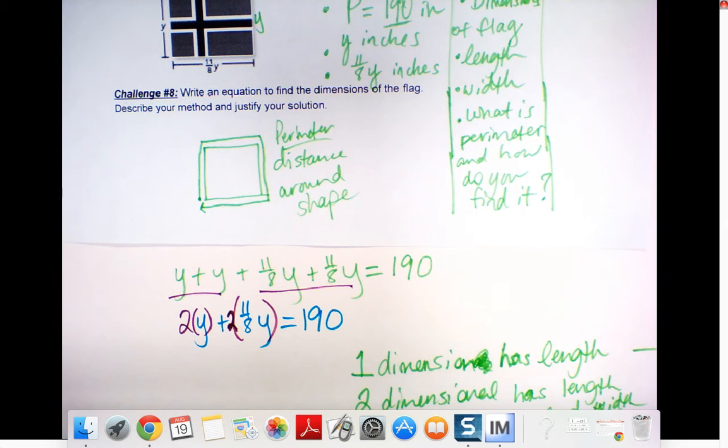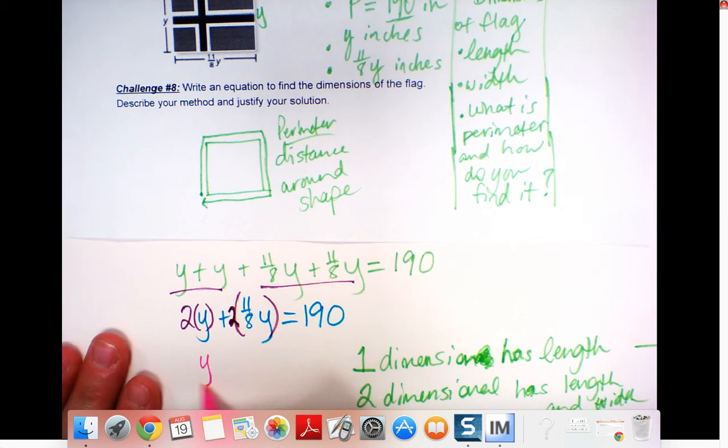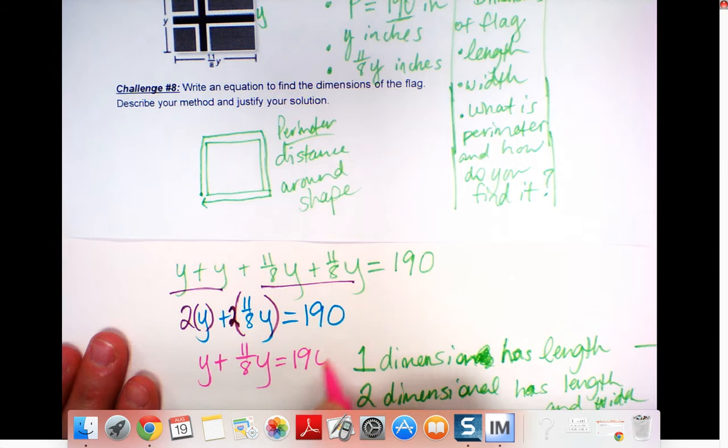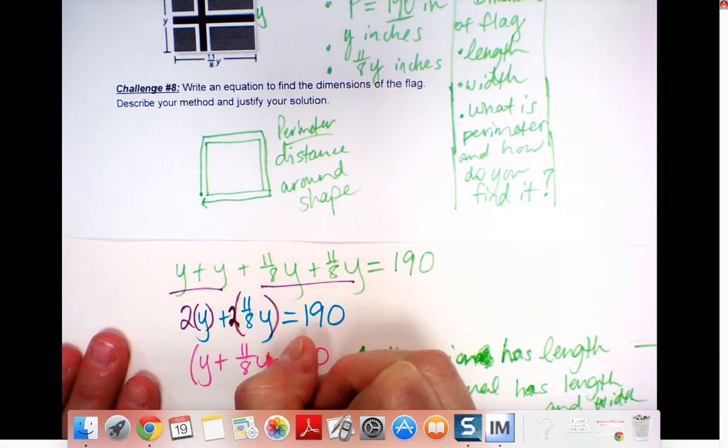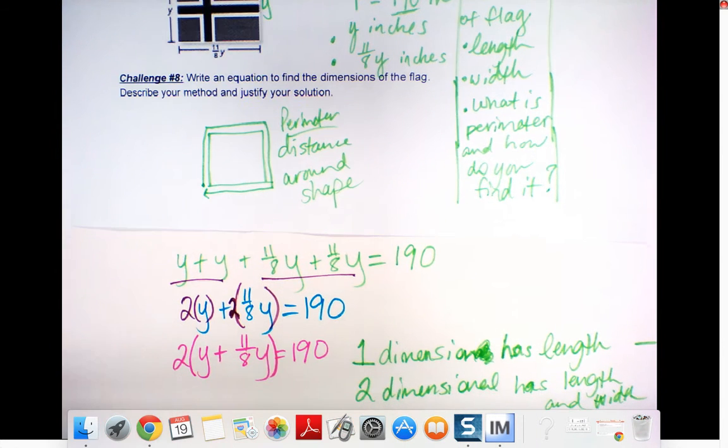And then someone pointed out, well, I could also write it like this. So they wrote this. Because when we distribute, 2 times y is 2y. 2 times 11/8 y is 2 times 11/8 y.